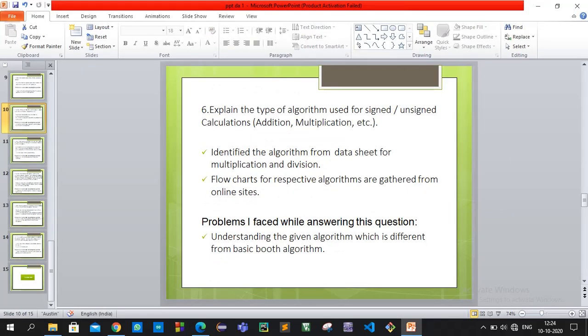Sixth question is to explain the type of algorithm used for signed or unsigned calculations. I identified the algorithm from my datasheet only for unsigned multiplication and signed multiplication, but for addition and subtraction there is no related information in my datasheet, and flowcharts for the respective algorithms are gathered from online websites.